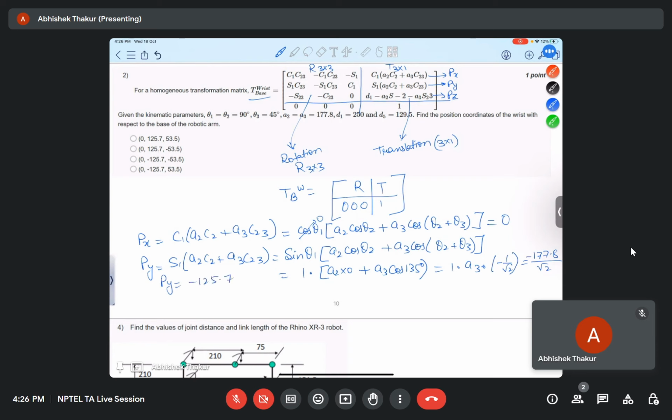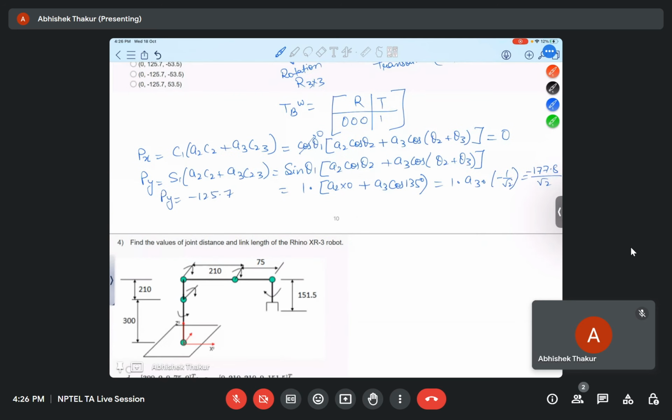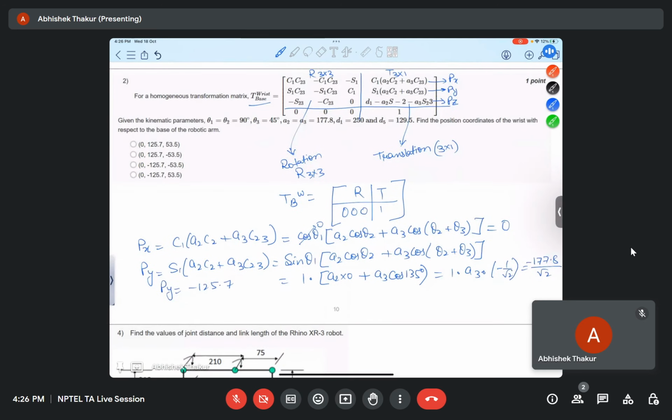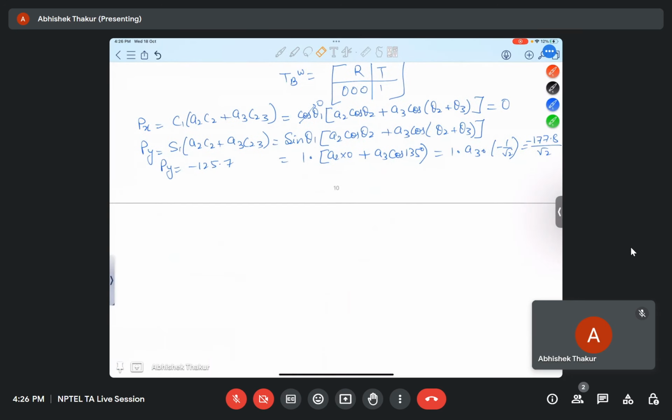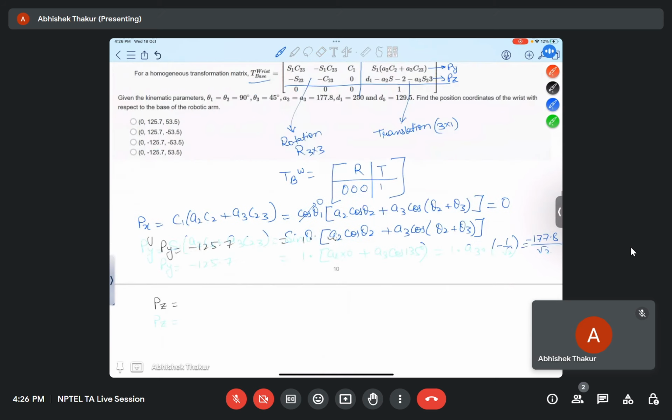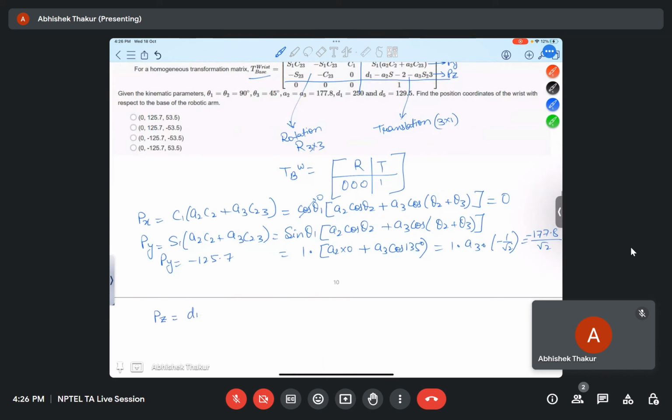So option C and option D may be correct. Now check for the next one, that is Pz. Pz is given as D1 minus A2 S2 minus A3 S23.